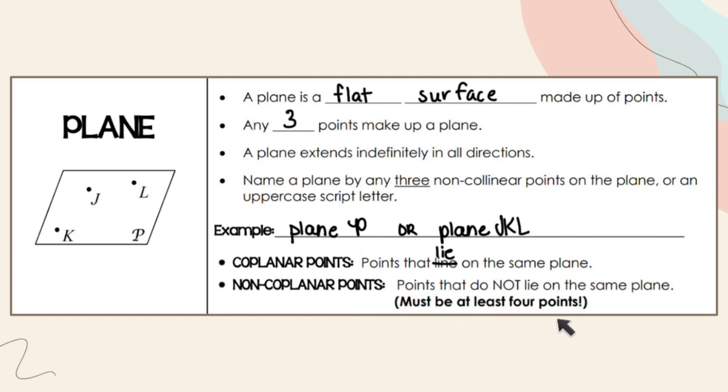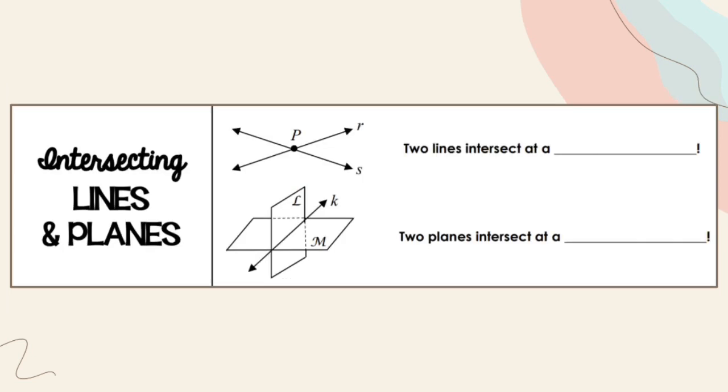And you have to have at least 4 points to prove they're not on the same plane, because if you have 3 points, that makes up a plane. All right, 2 lines intersect at a point, and 2 planes intersect at a line.